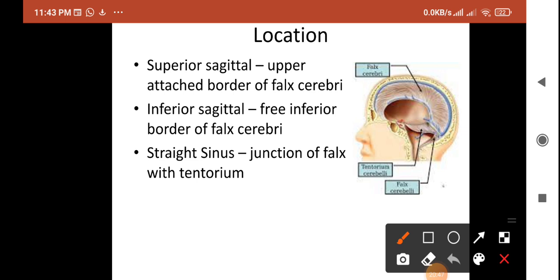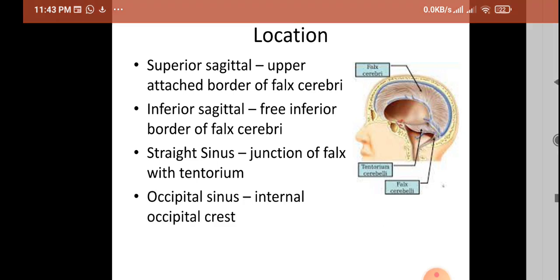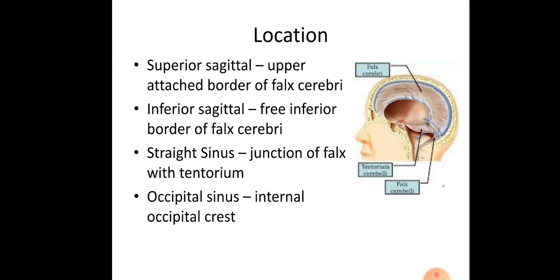So I hope you know the superior sagittal. This is the inferior sagittal sinus and this is the straight sinus. Okay, the straight sinus. Then the occipital sinus along the internal occipital crest, lower down.